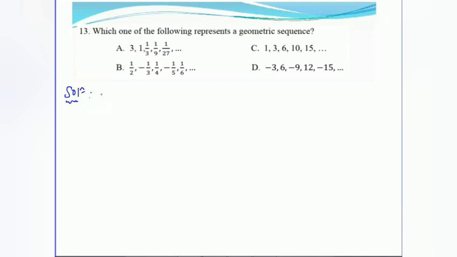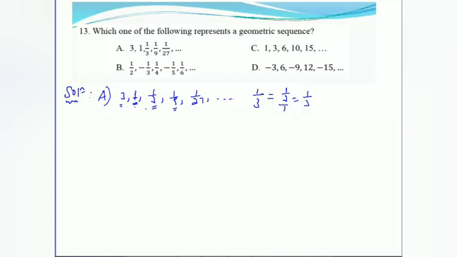Now let's check for A. In case A, we have 3, 1, 1 over 3, 1 over 9, 1 over 27, and so on. Let's check the ratio. The second term over the first term is 1 over 3, and the third term over the second is 1 over 3 over 1, which is 1 over 3 itself.